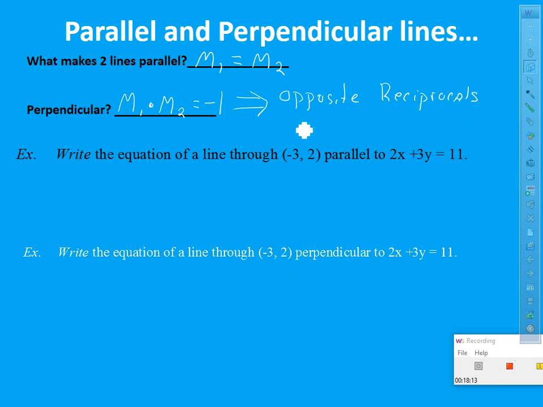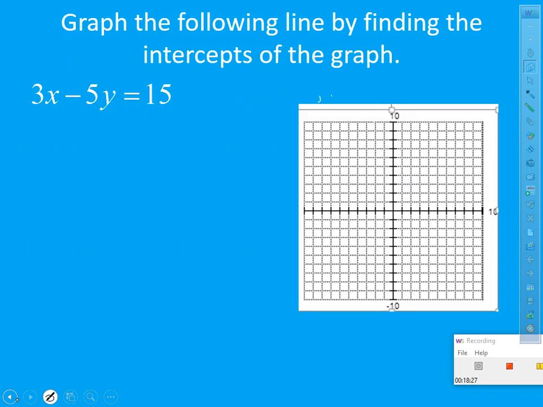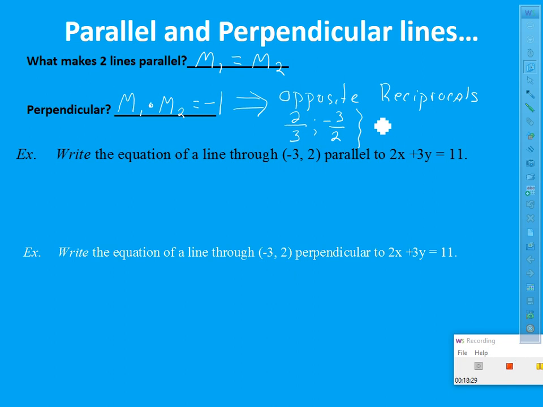So for instance, if one slope was 2/3, perpendicular would be negative 3/2. If one slope was 7, the other would be negative 1/7.